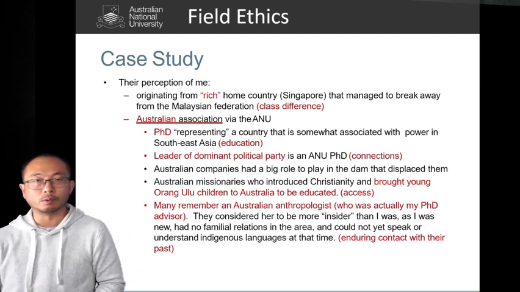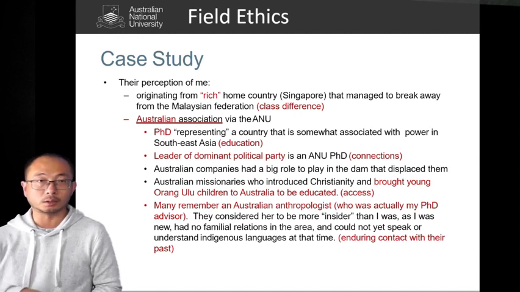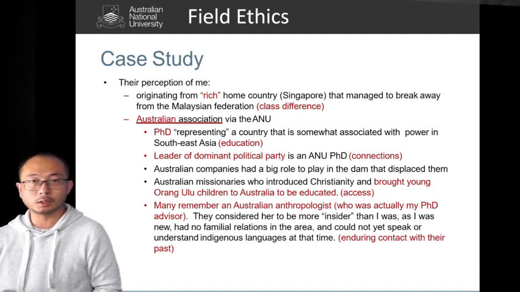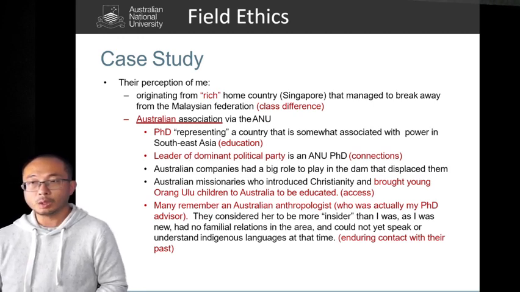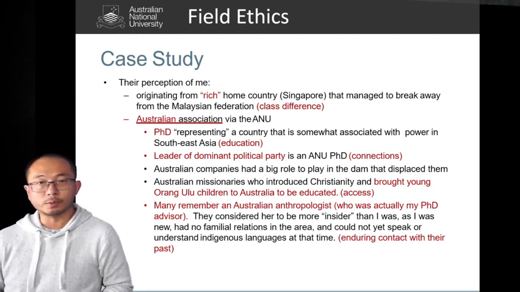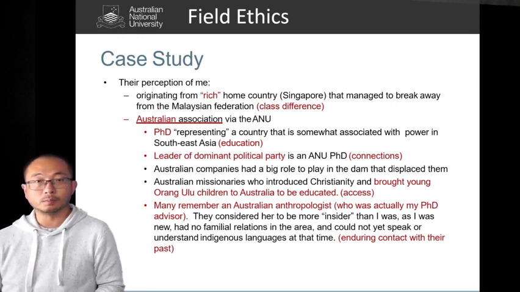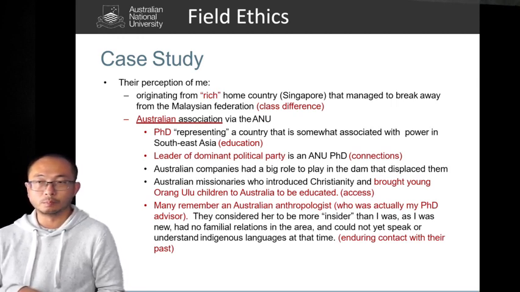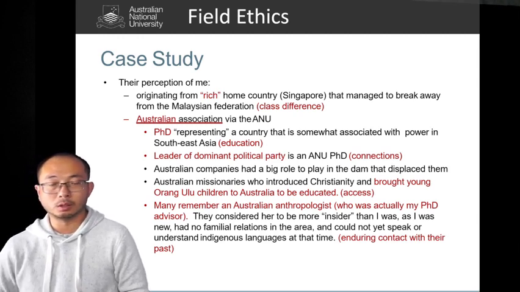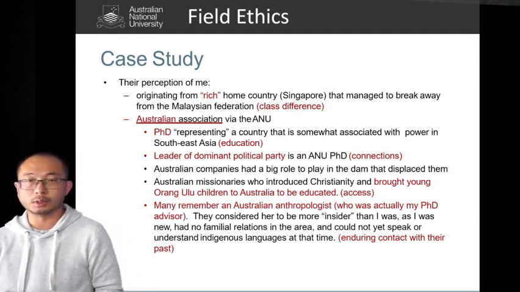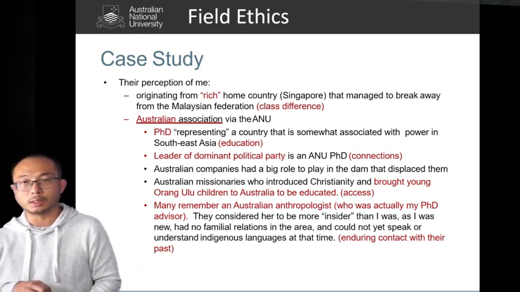The leader of the dominant political party at the time in Sarawak was an ANU PhD. The Australian companies had a very big role to play in the dam that displaced them. It was the Colombo Plan that first suggested the construction of the dam in the 1960s, and it was Noe Hydro that led the project.